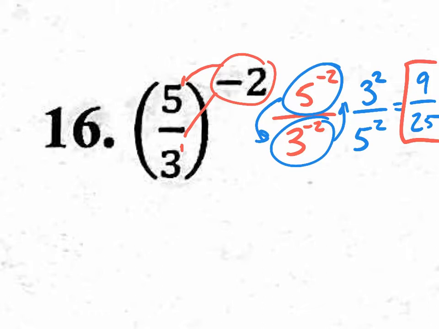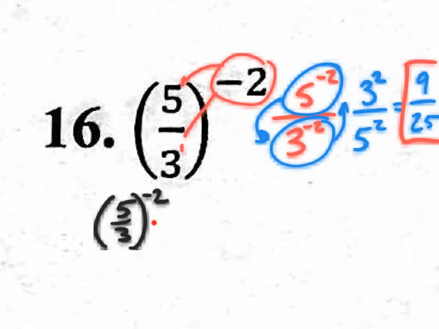Now another way of doing it, I rewrote it down here, and I like to call this the shortcut or the trick. When you have parentheses with an exponent on the outside, you can change the negative exponent to a positive exponent. So we're going to change that -2 to a +2, but we're going to flip the fraction, make the 5 go on the bottom and 3 go up to the top. So if I do that, I'll end up with a new fraction in here.